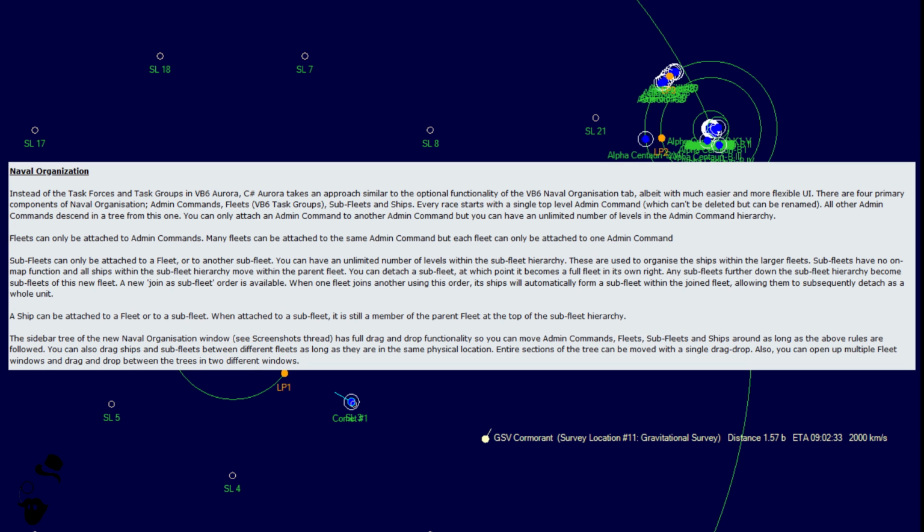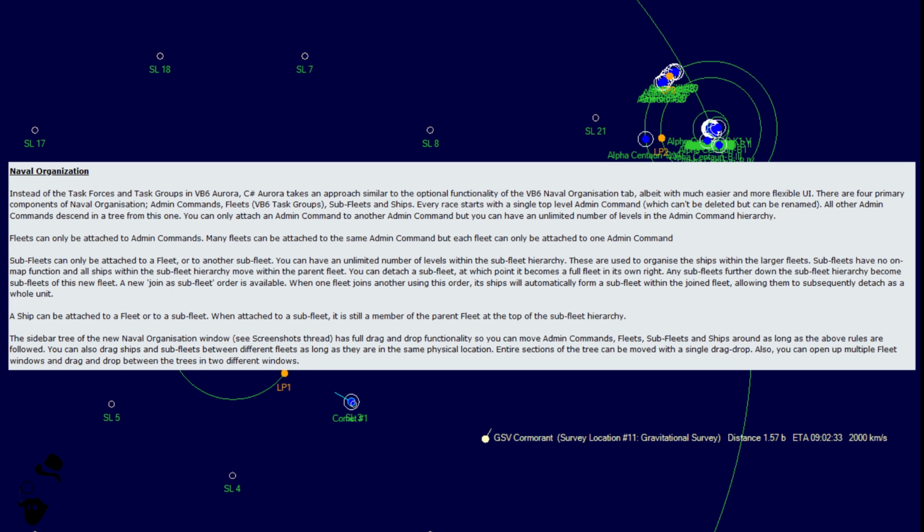Very, very importantly, this is going to make surveying with carriers and other splitting groups like that a lot easier. If you have, for example, a jump tender and then survey ships that go with it, when you split the fleet in VB6, there's no guarantee that your tender is going to be the number 1 fleet.